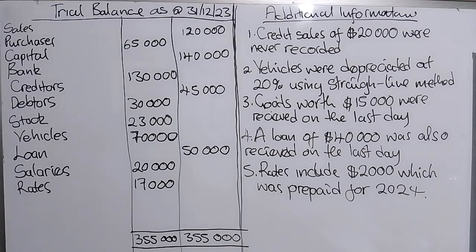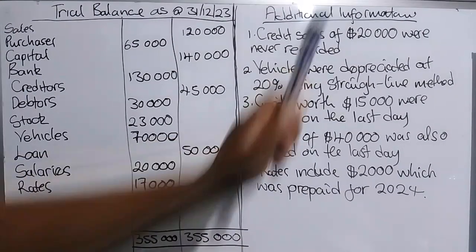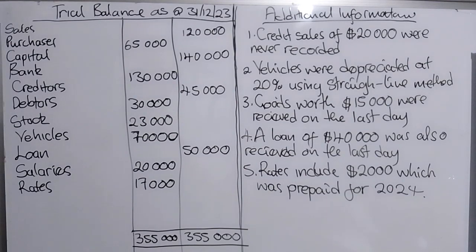Let's look at the first statement in the additional information. It says credit sales of 20,000 were never recorded in our books. We can identify two accounts affected by this statement. It includes sales because we made sales.